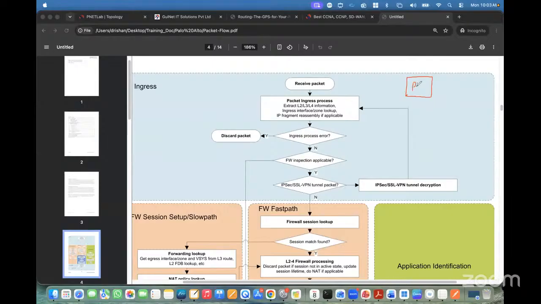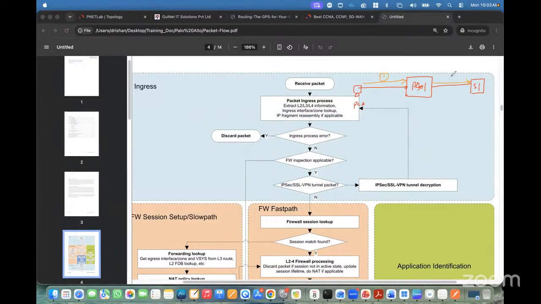So the idea is, let's suppose you have a Palo Alto firewall. This is your PA01, and this firewall is going to receive a packet from a client. This might be PC A, and it wants to communicate with a server S1, and they have different IP addresses. The moment the packet lands from the PC on the Palo Alto firewall, this is the first flow, and from Palo Alto to the server is the second flow.